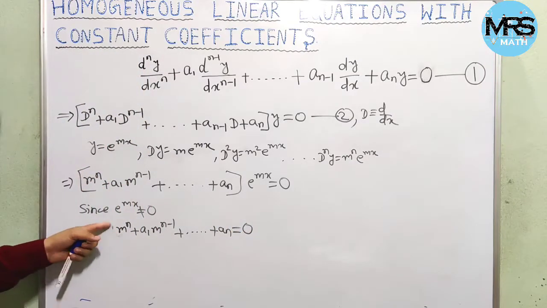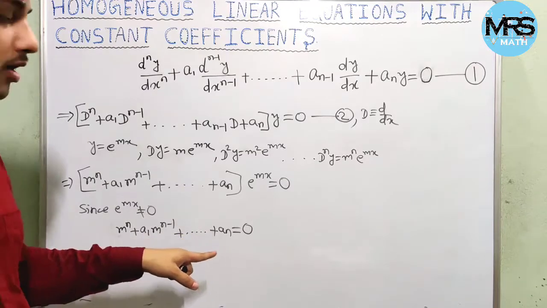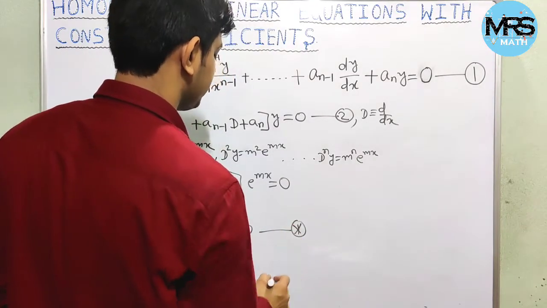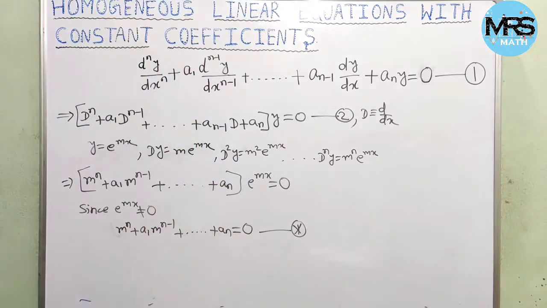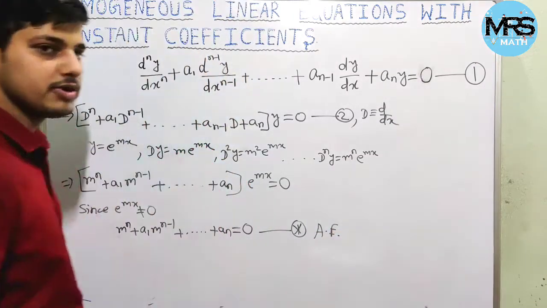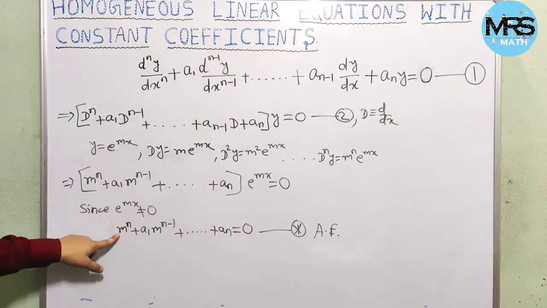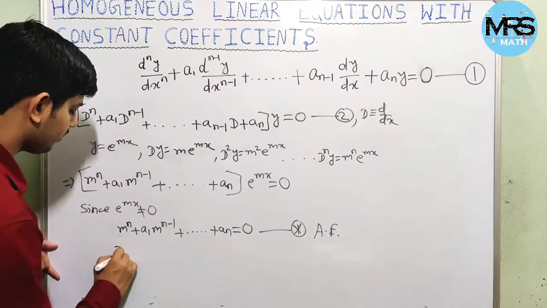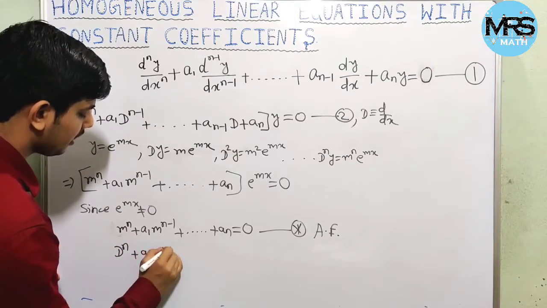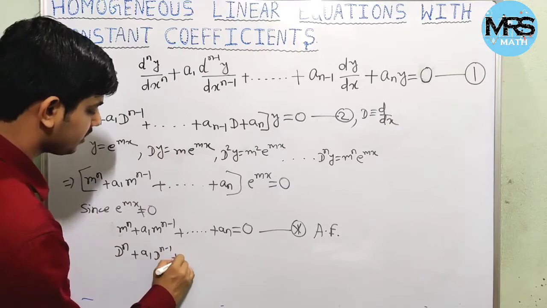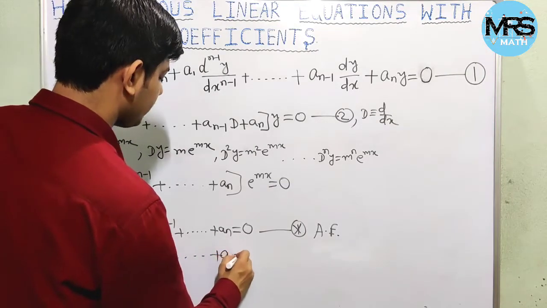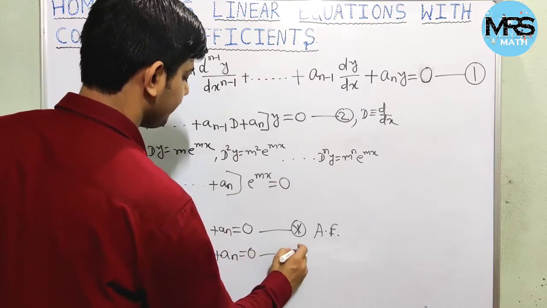So this equation is the auxiliary equation. Let us call this equation star. This equation star is our auxiliary equation. If we replace m with D, then we can write D^n plus a1 D^(n-1) plus ... plus an equal to 0.